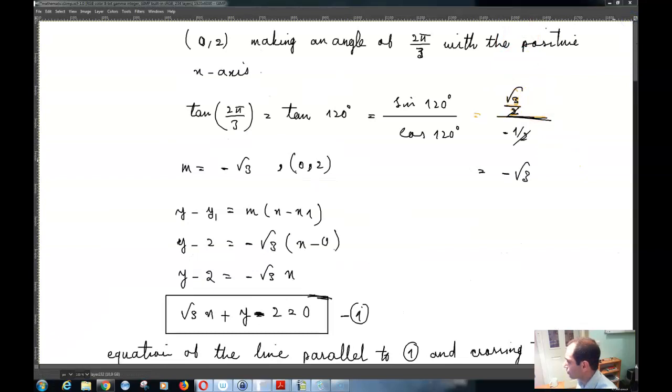Okay. So the next question is, the owner of a milk store finds that he can sell 980 liters of milk each week at 14 rupees per liter.